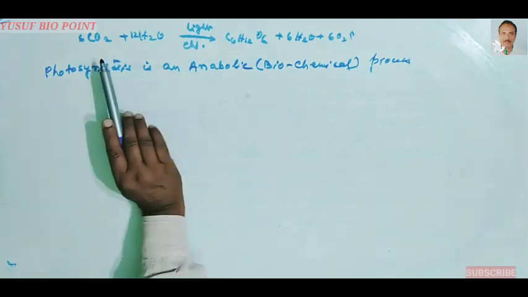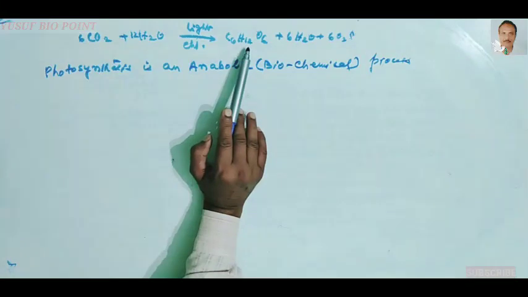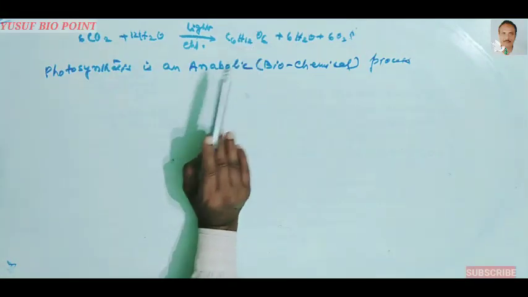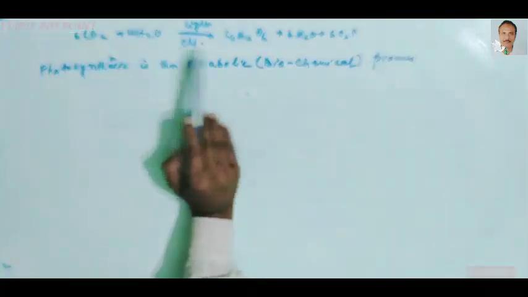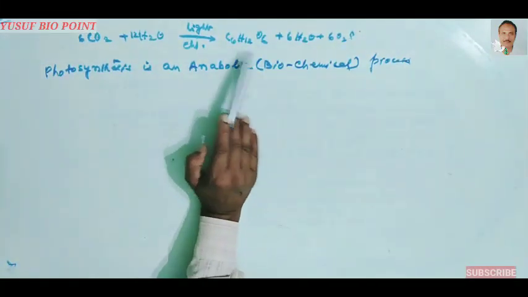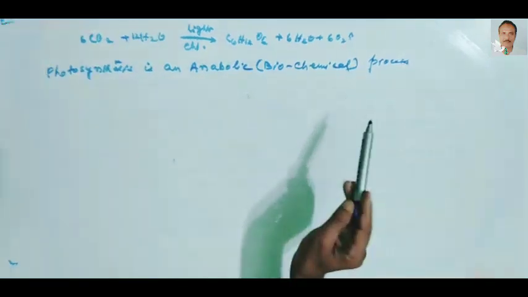Here we see that small compounds combine to form a big, complex compound, so it is an anabolic process. It is biochemical, meaning chemical, and it takes place in living things.